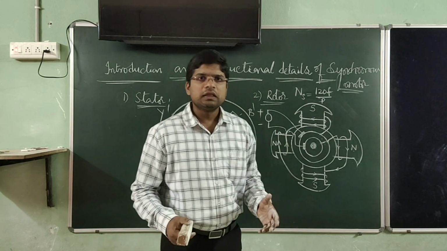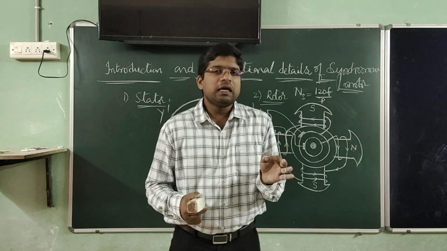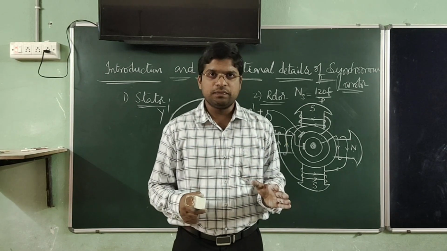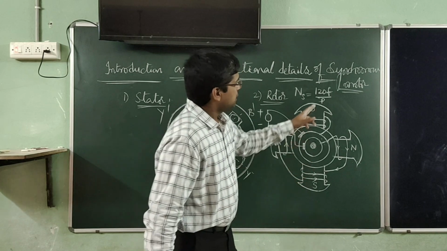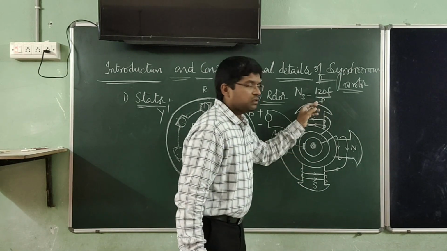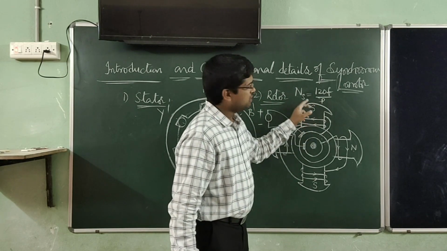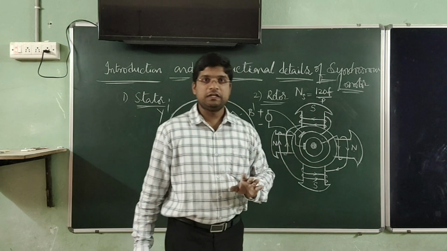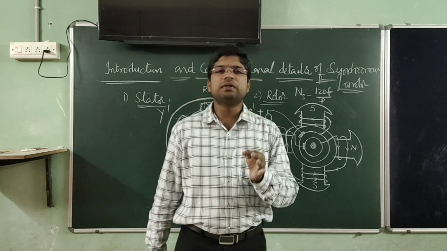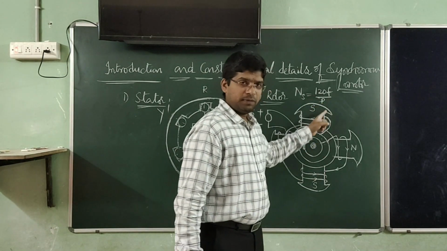But we know the frequency of the supply is 50 Hz. It is fixed. Since the frequency is fixed and the number of poles are fixed, these two are constant. That means synchronous speed is also constant. So that is why synchronous motor is operated at the synchronous speed, that is 120 f by p.